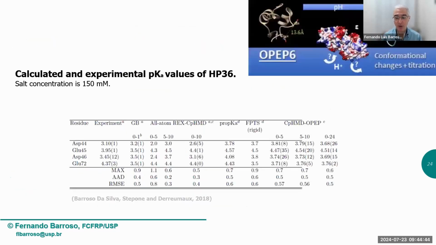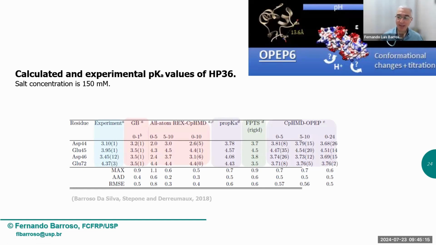And we have done so, and we have done a comparison. It's surprising to see that what we gain with OPEP, repeating the same studies that we have done for other proteins before, is not really a big improvement, but it's a slight improvement. You can see, for instance, that we have a maximum deviation of 0.9 if I'm using the rigid model, but if we go for OPEP here, we go to 0.7.